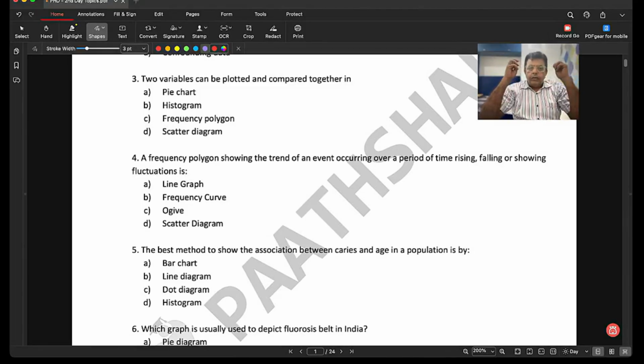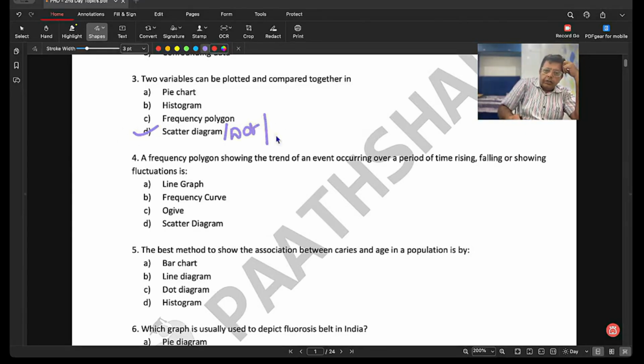Two variables can be plotted and compared together. What have you marked for 3? It is scatter diagram, also called dot diagram, also called a correlation diagram.